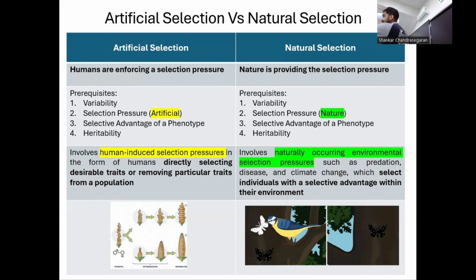So humans induce a selection pressure in the form of directly selecting the desirable traits or removing those particular traits. A direct example is with corn, right?